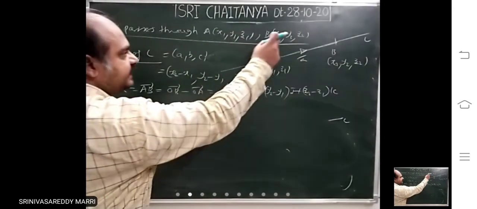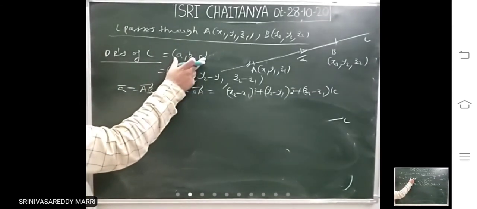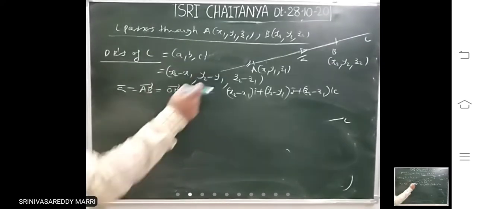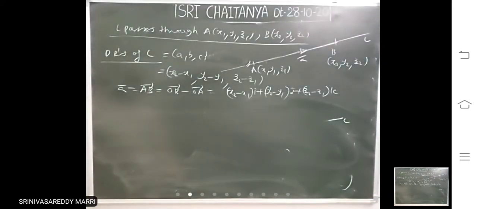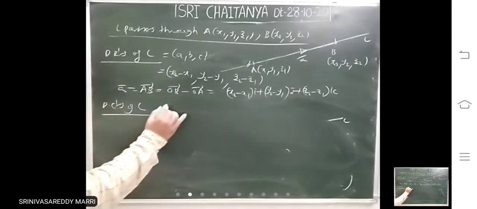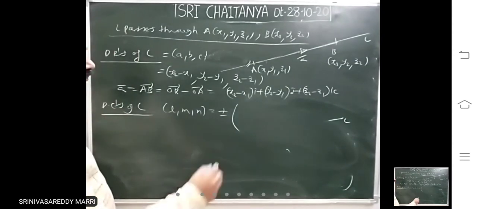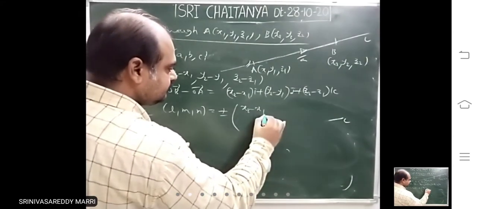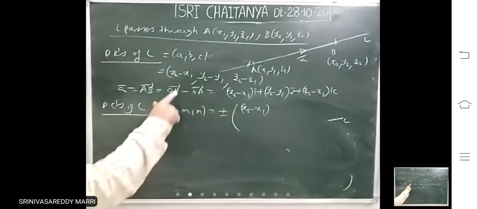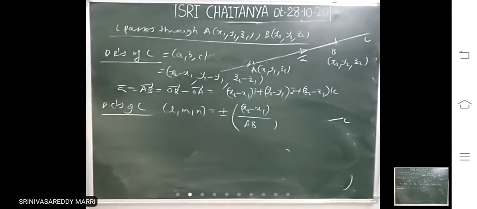If 2 points are known, the direction ratios are immediately given by these. Now the DCs of L: plus or minus A by root of A square plus B square plus C square, and the denominator is the AB distance.